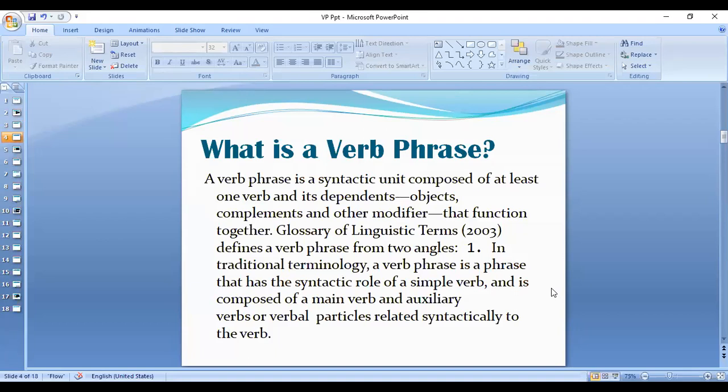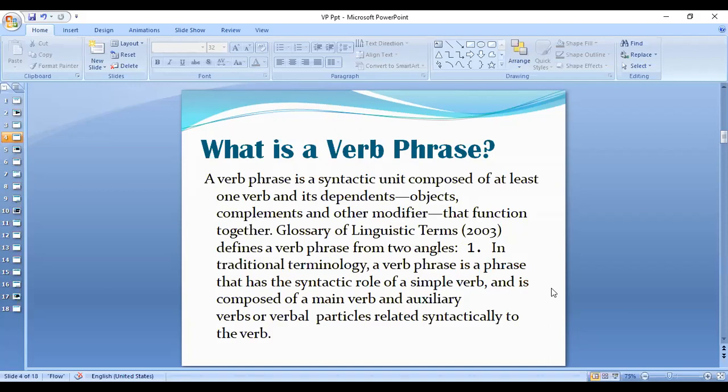Regarding its definition, the Glossary of Linguistic Terms in 2003 defines the verb phrase from two angles. The first is the traditional point of view.